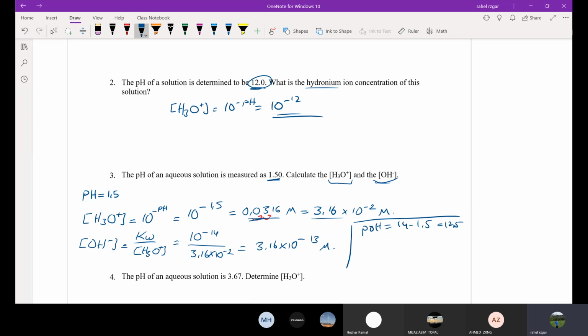Yes, you can do it like this. Then the concentration of OH is equal to 10 to the power of minus pOH, which is 10 to the power of minus 12.5. Yes, you can do it like this as well. So it will be, again, 3.16 times 10 to the power of negative 13. You are right. Very good.